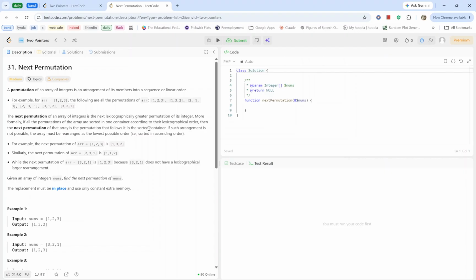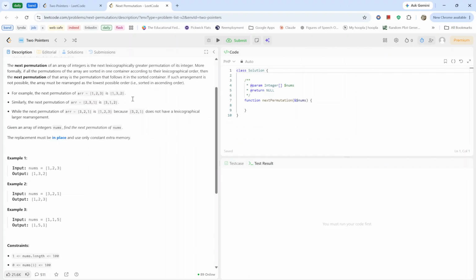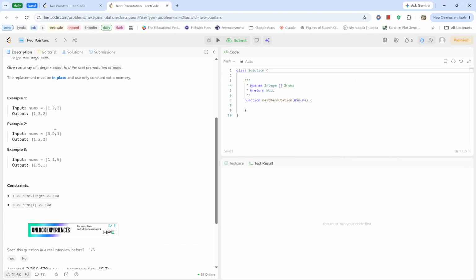If such arrangement is not possible, the array must be rearranged as the lowest possible order, sorted in ascending order. I honestly don't even know what I'm reading right now. I'm not even understanding what's happening. So 3, 2, 1, 1, 2, 3.